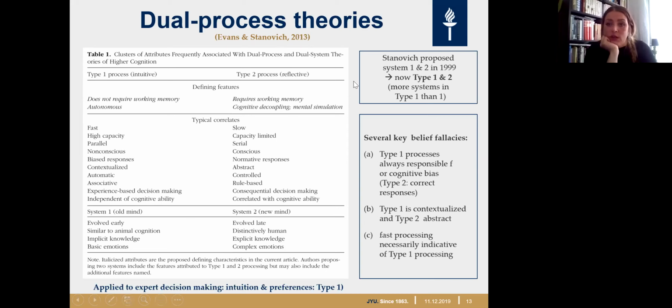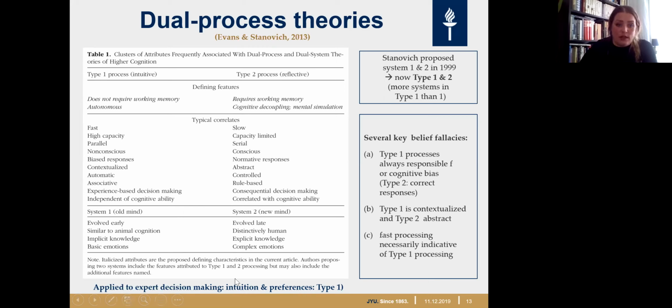And there are several key belief fallacies of these type 1 and type 2 processes. It's often considered that the type 1 process is always responsible for cognitive biases, and type 2 is the one that always corrects responses. And then, for example, expert decision-making, intuition and preferences would belong to type 1 processing, which is a little bit too simplistic.